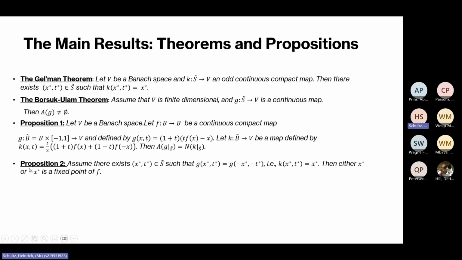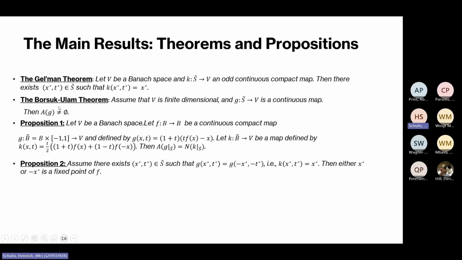Now the following items on this slide are required to prove the Brouwer and Schauder fixed point theorems. We have the Leray-Schauder theorem, which states that if we have a Banach space V and K mapping S tilde to V, an odd continuous compact map, then there exists a point (x star, t star) in S tilde such that K of (x star, t star) is equal to x star.